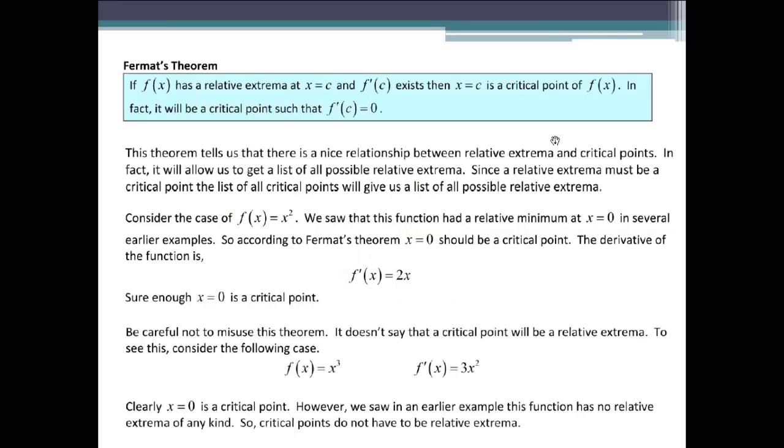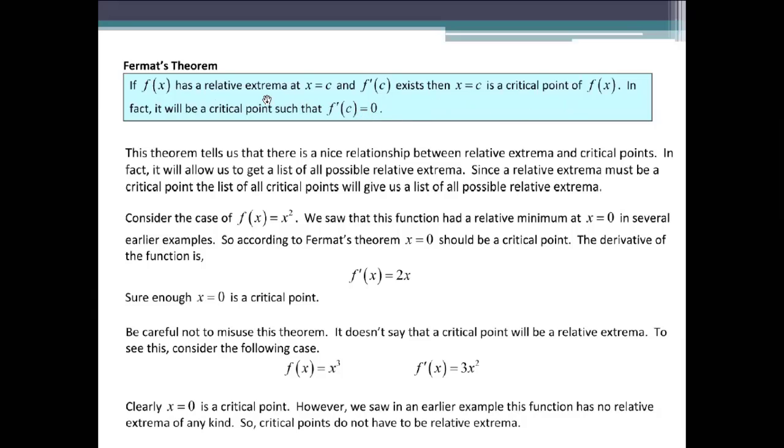Okay, now we have the following theorem, Fermat's theorem. If f of x has a relative extrema at the point C, and the derivative of f at the point C exists, then the point C is a critical point of f of x. In fact, it will be a critical point such that the following equation holds: the derivative of f at the point C is 0.